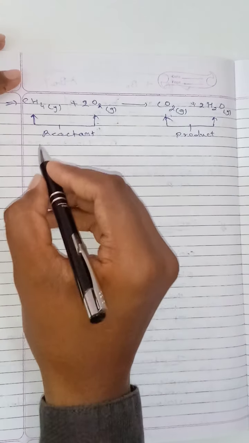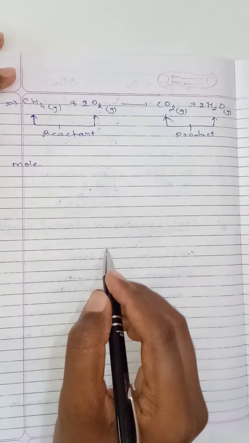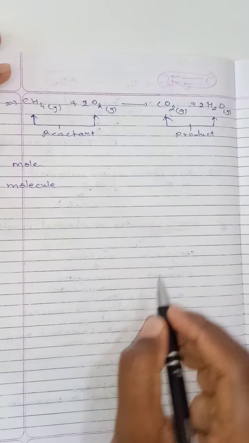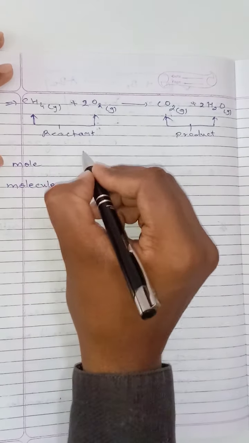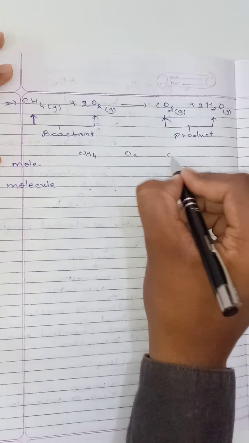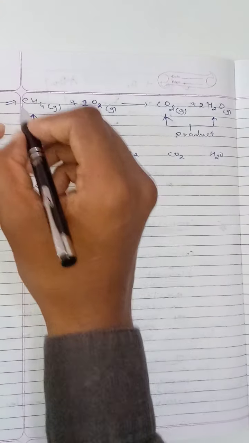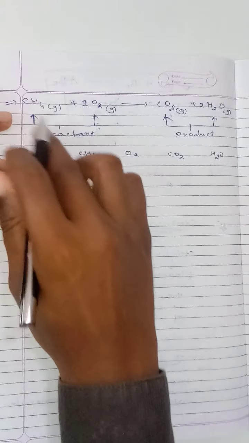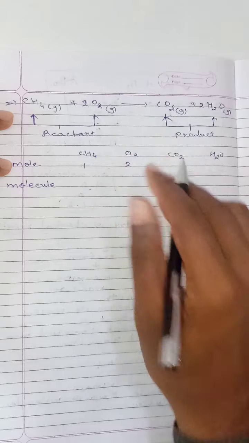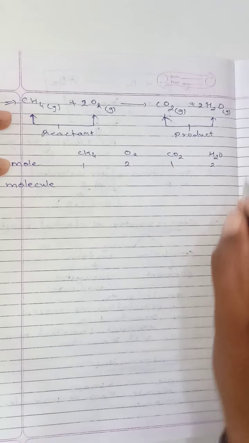Let's see the information. Number 1, mole, then molecules. For CH4, oxygen, carbon dioxide and water. Here 1 mole of methane, 2 mole of oxygen, and on the product side 1 mole of carbon dioxide and 2 mole of water.